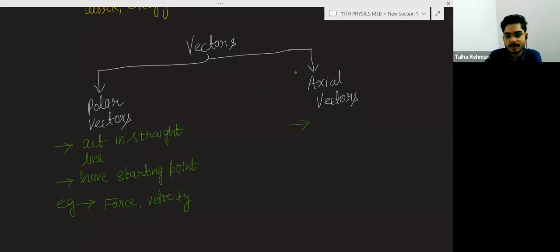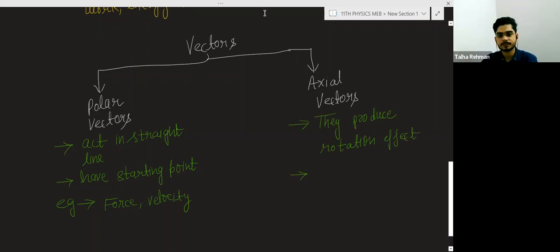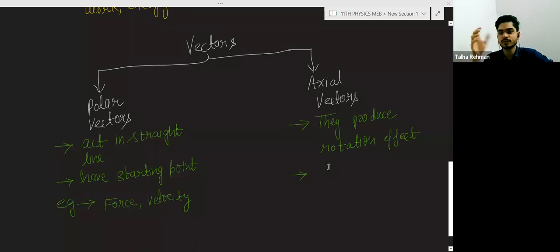So axial vectors are the vectors which produce rotational effect. Suppose something is rotating like this, this fan is rotating. For the rotation, we always define an axis. This thing you will study in rotational motion. I am just giving you a brief idea.